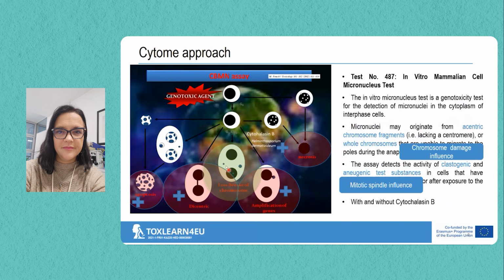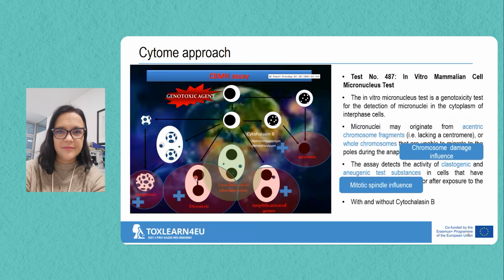This assay has now become a cytome assay because besides the micronucleus, you can measure different types of DNA damage. One is the nuclear bud, a biomarker of gene amplification, and you can see how it looks here. It is similar to a micronucleus, but connected with one daughter nucleus.